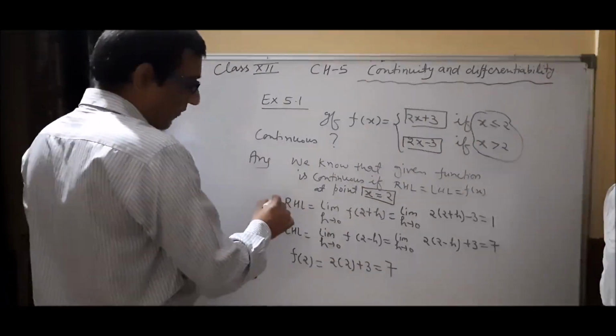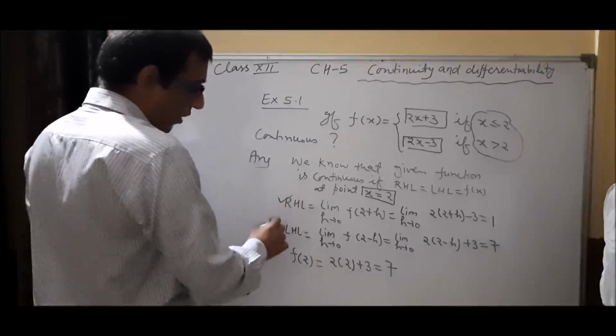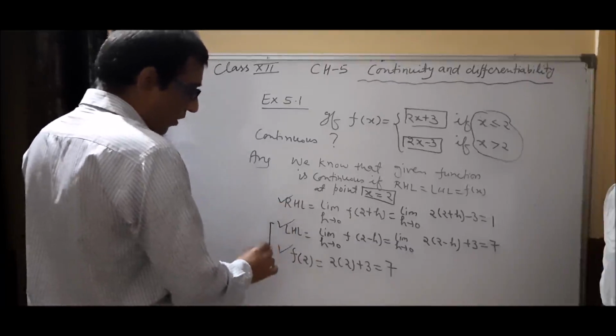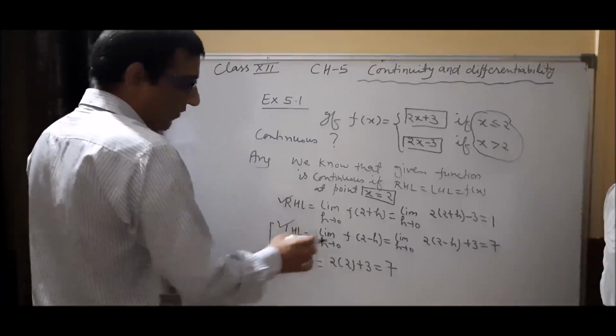So as you see here, the value of RHL is 1, the value of LHL is 7 and the value of f(2) equals to 7. It means these two are equal, but the value of RHL is different from these.